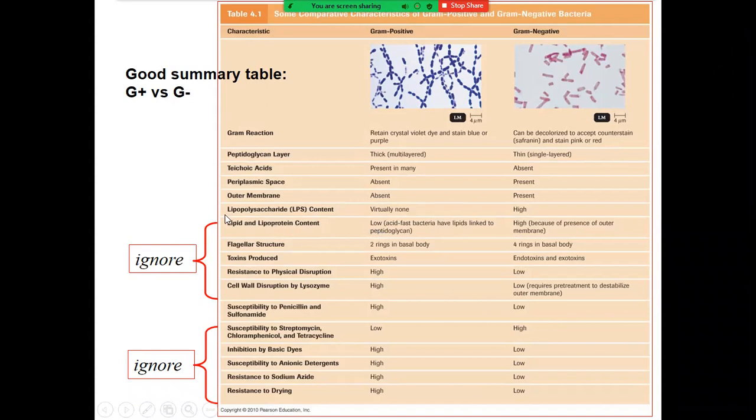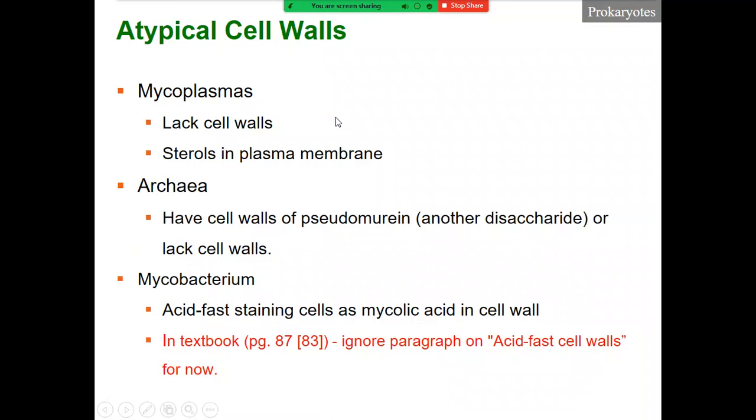You only need to know the top portion: thick peptidoglycan in the gram-positive, thin in the gram-negative; teichoic acid present in gram-positive, absent in gram-negative; the outer membrane absent in gram-positive, present in gram-negative; lipopolysaccharide, virtually none, we're just going to say none in the gram-positive, present in the gram-negative. Any question about any of that?